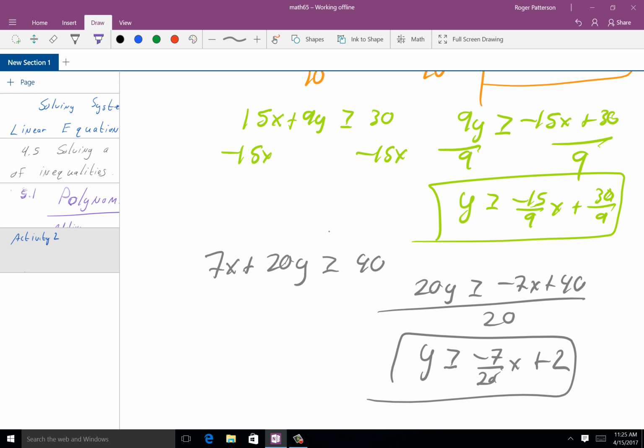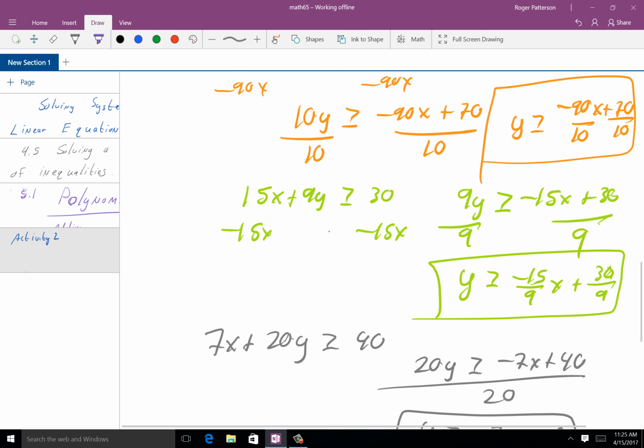I'm going to type them in just as inequalities. So I'm going to go y, my first one, okay, is greater than or equal to negative 9x plus 7. So there's my first one.